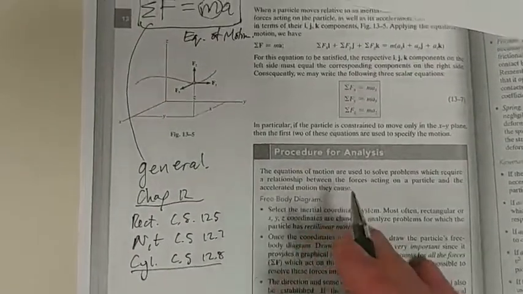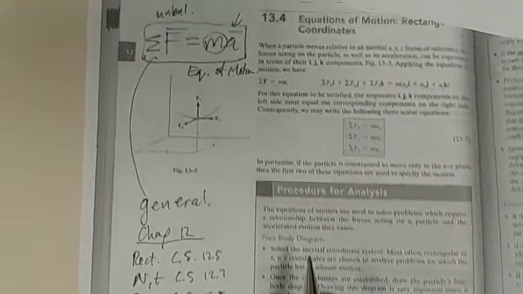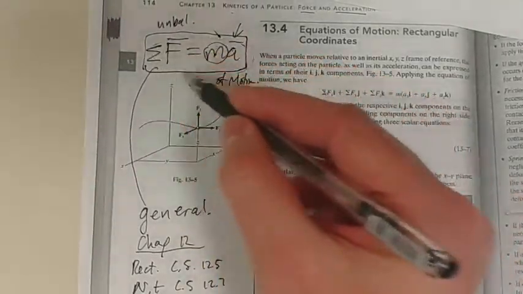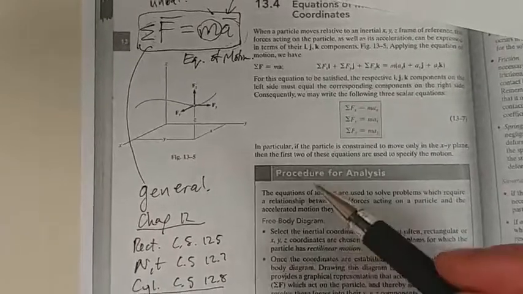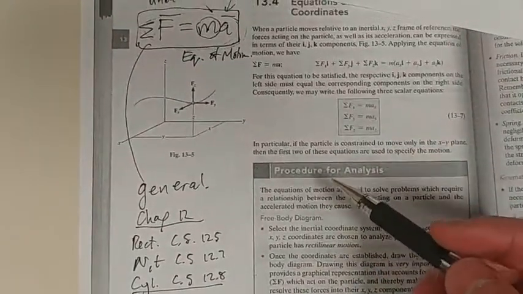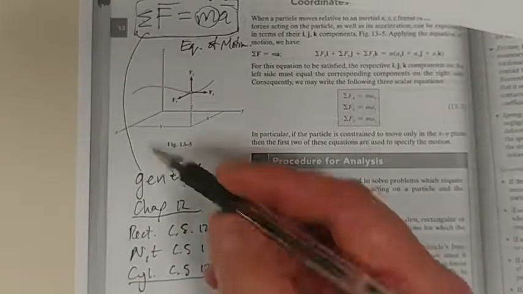The point is, guys, you can have a generic statement like this: sum of the forces equals mass times acceleration. But when it comes to analyzing a real problem, we need to determine what coordinate system we're going to use. The coordinate system defines how we will solve the problem.